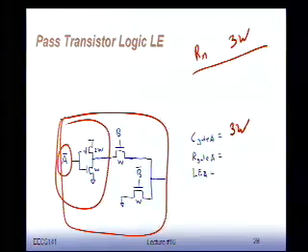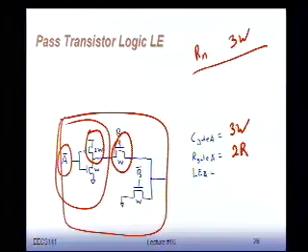What is the resistance that we see between input and output? Well, we have a PMOS and an NMOS in series, in both directions. In the other case, when we go down, it's NMOS and NMOS. So both of them have the same resistance, 1, so the resistance is going to be equal to 2R. Or in other words, the logical effort for this thing is going to be 2.